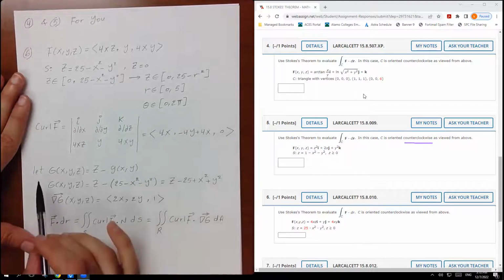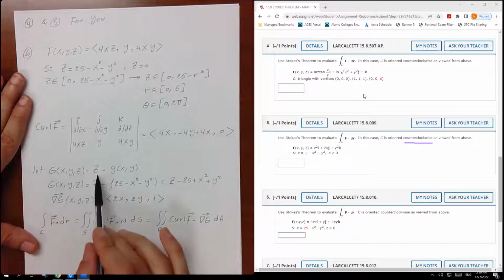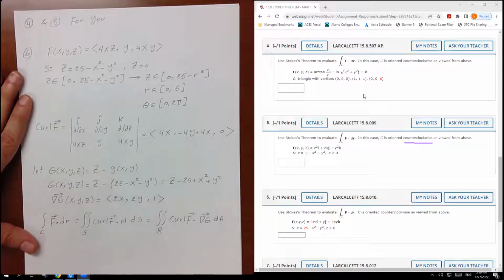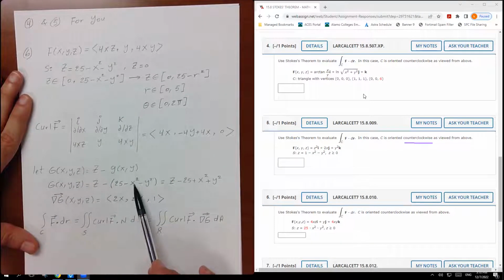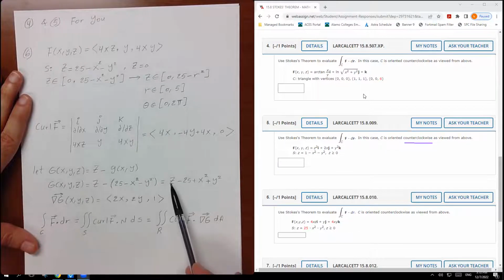So we're going to assume that g equals z minus g of xy. That means z minus 25 minus x squared minus y squared. So distribute the negative sign: z minus 25 plus x squared plus y squared.